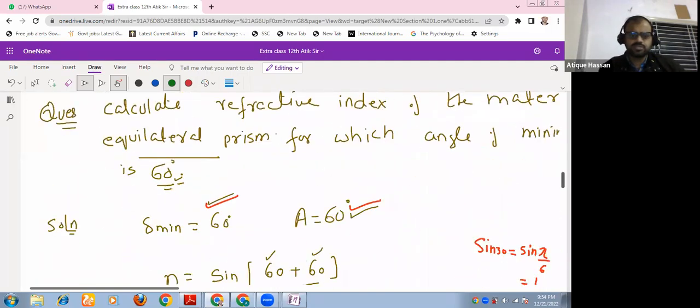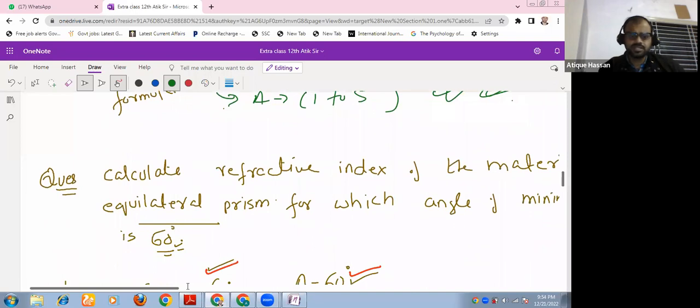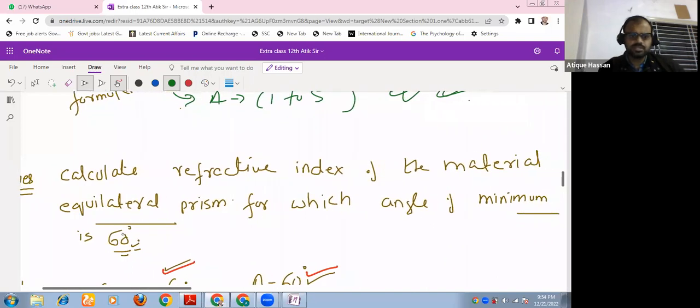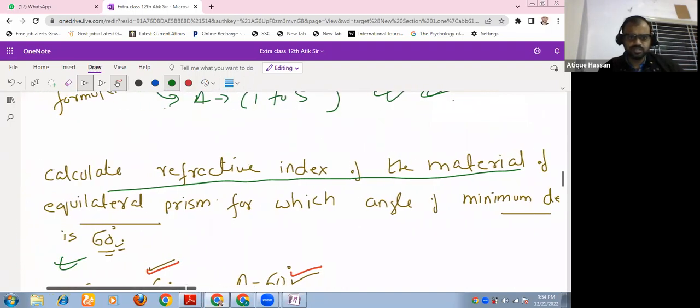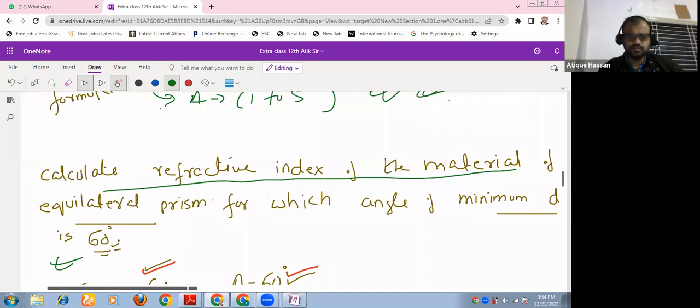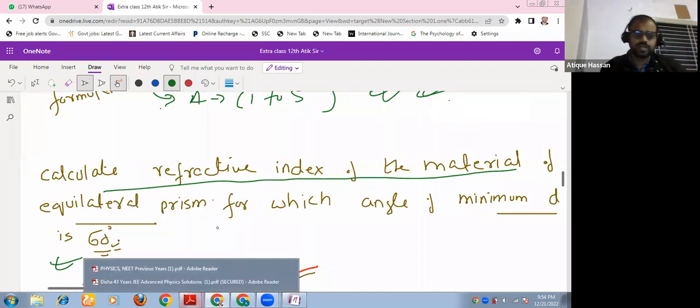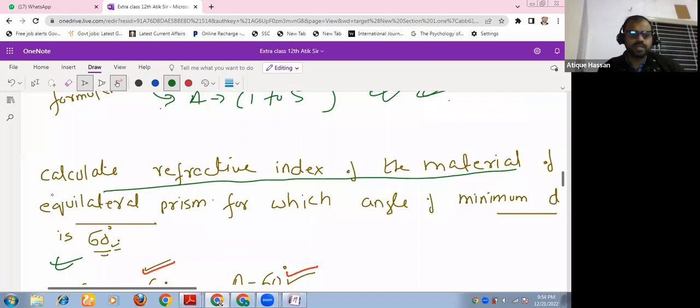Now I have some questions based on that. Let us see what time permits. Here you have to calculate the refractive index of the material of an equilateral prism, where the angle of minimum deviation is 60 degree. So can you apply the thin prism formula?